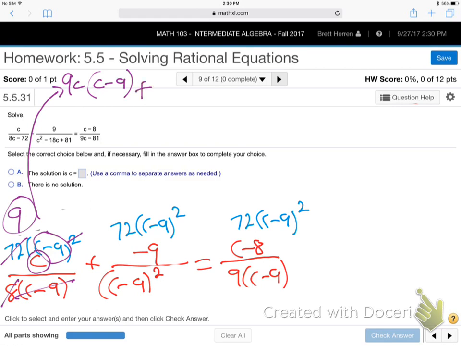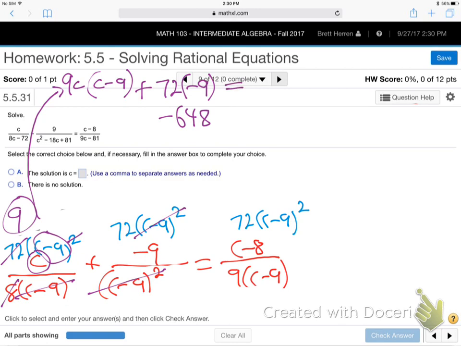Plus, now the middle one. Do this one in the middle here. C minus 9 squared, C minus 9 squared. What's left over? Whatever 72 times minus 9 is. Was it 648? Yeah. Thank you.